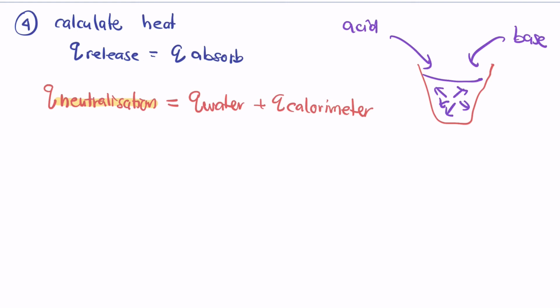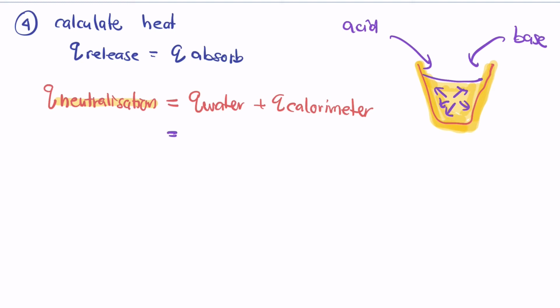Acid plus base produces water, and that water will absorb the heat from the neutralization. And your container, which is called the calorimeter, will also absorb the heat. If you hold it, you will feel it is hot. So the heat released from the neutralization is absorbed by water and calorimeter.